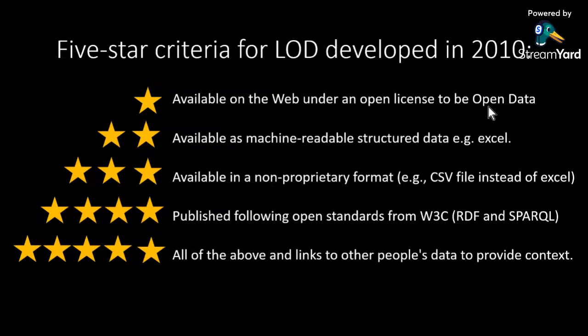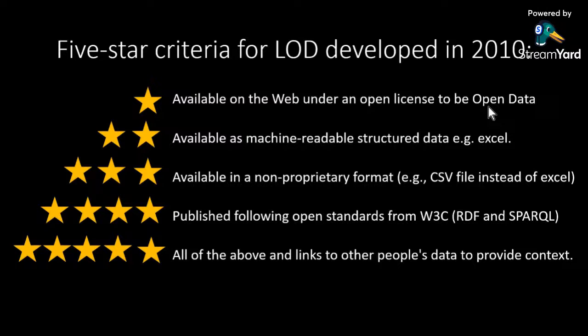So in order to be considered linked open data, first, the data has to be available on the web under an open license. So that's what is required to be open data. Second, it has to be available as machine readable structured data. So for example, Excel, that would be 2 stars.